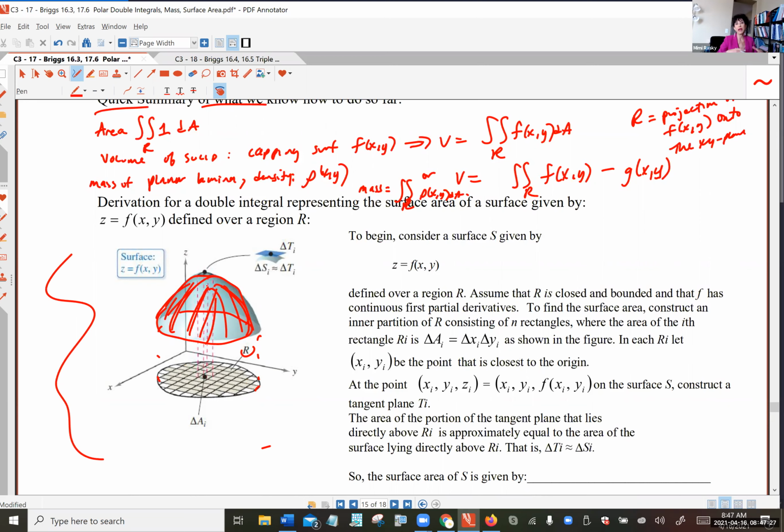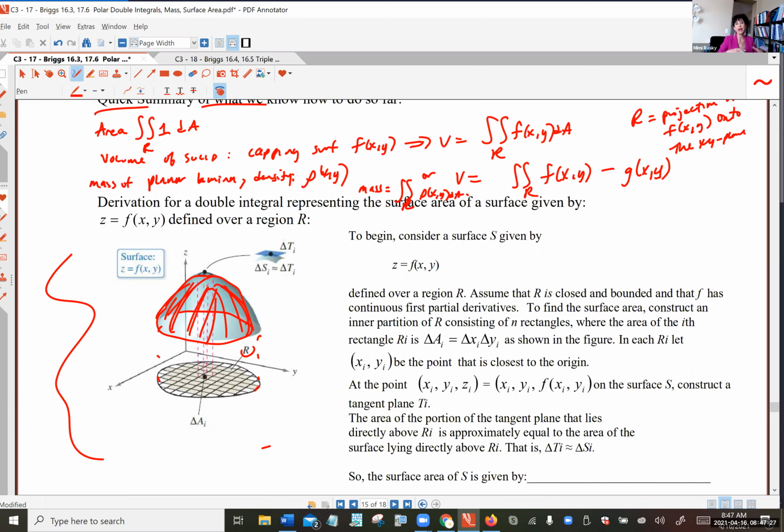The surface area is a little tricky because this surface is so curvy. How are you going to get that surface area? I don't know how to find the surface area. So the strategy is to take a tiny patch of surface area, corresponding to one of these rectangles down here in the partition that they performed on the region.